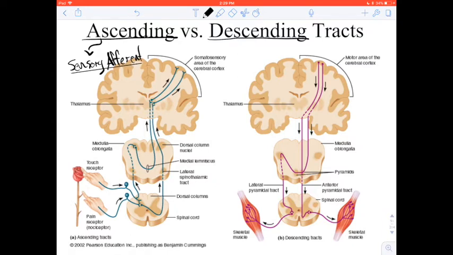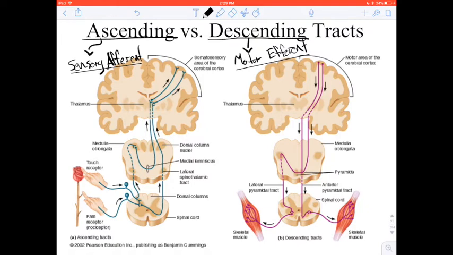Descending, coming down from the brain to the muscles, is going to be motor, and it's causing an effect. It is our efferent. We have our motor efferents, or our descending tracts.